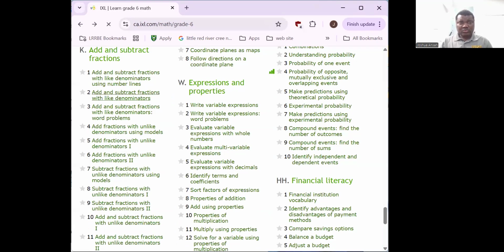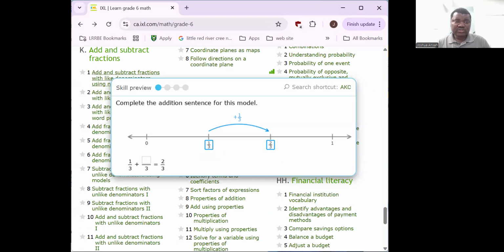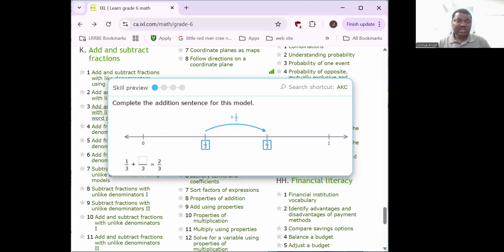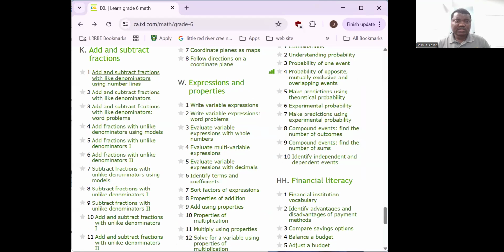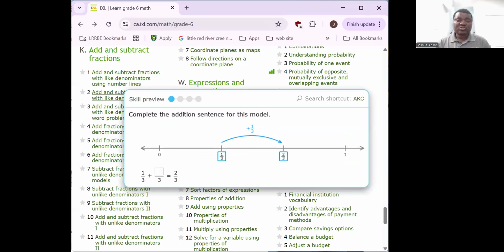After you watch the videos, you can start working on this standard K, addition and subtraction of fractions. It has so many problems that you can do.